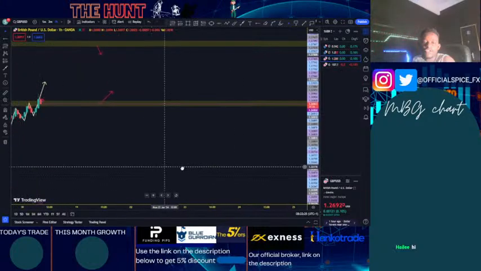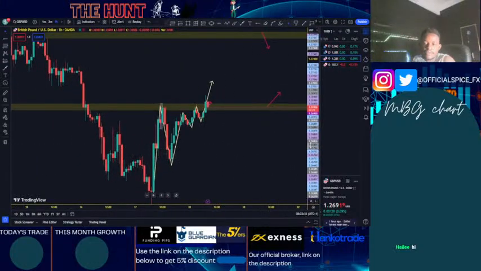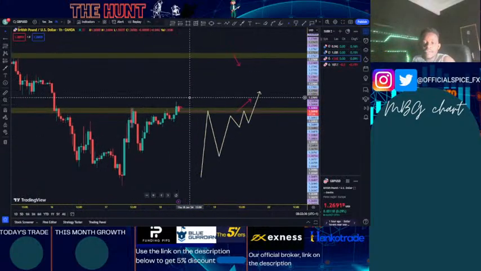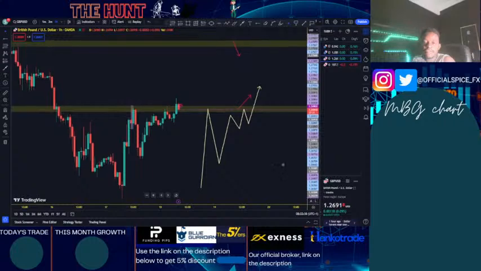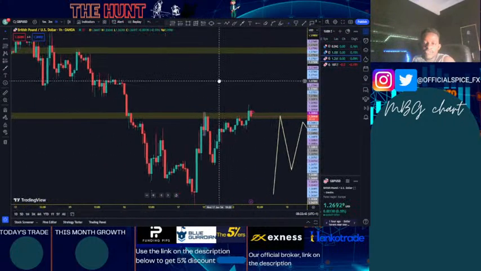That's one of the reasons why I'm changing my bias from sells to buys. Okay, now let's put that aside. Another thing that I can see right here is that price smashed above the key level.